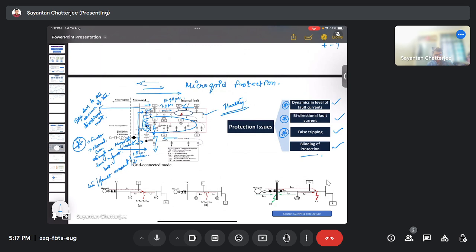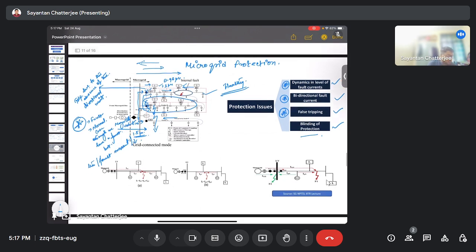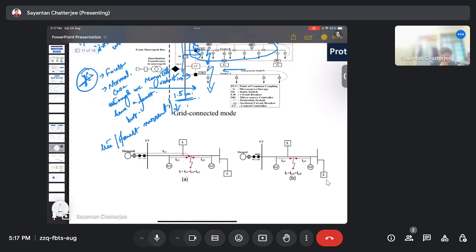So these are the protection issues that we face. Okay, now we have dynamics in the level of fault that we have discussed. Here, these are the pictures that we can see. Dynamics in the level.